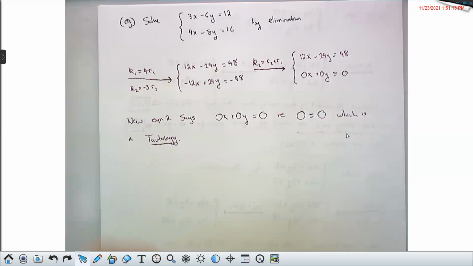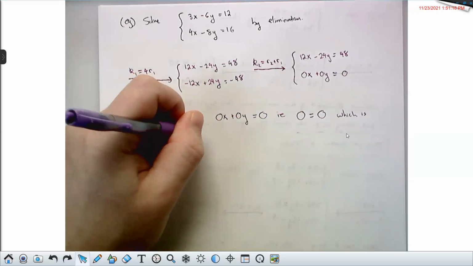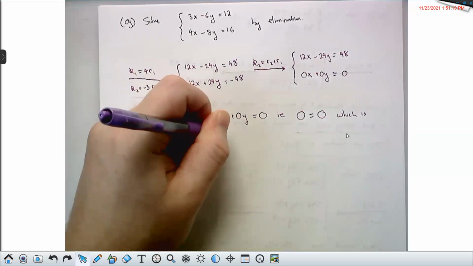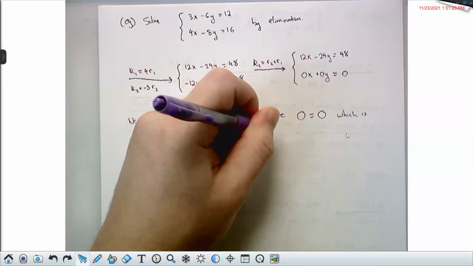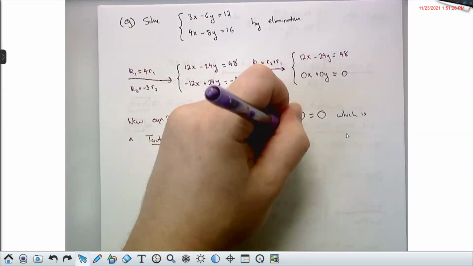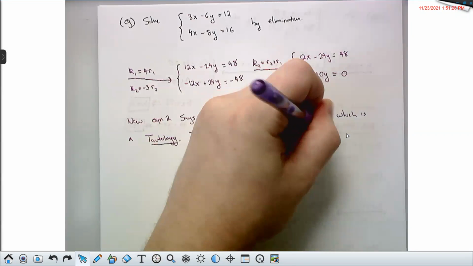What that tells us is that there are infinitely many solutions.